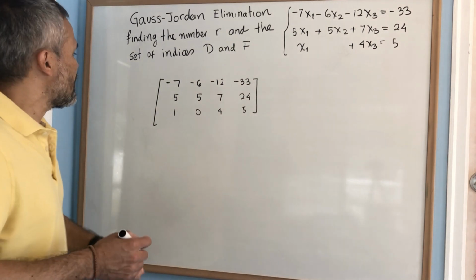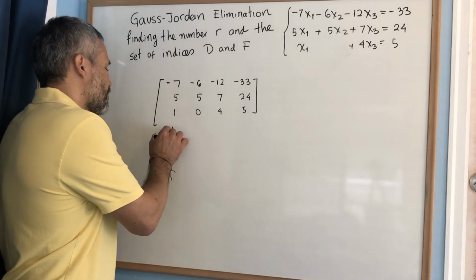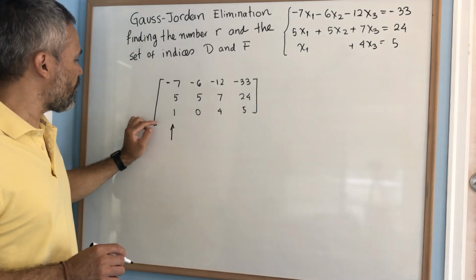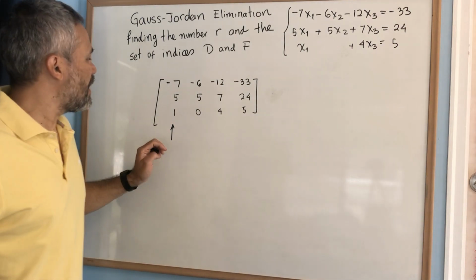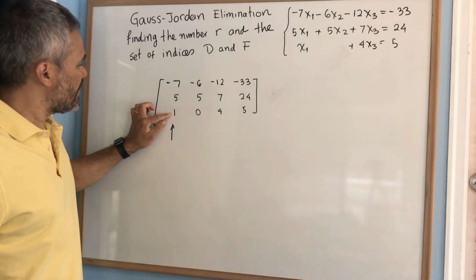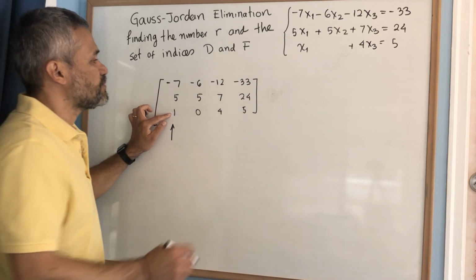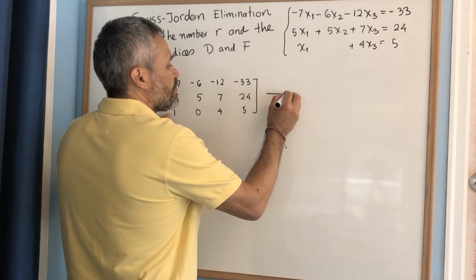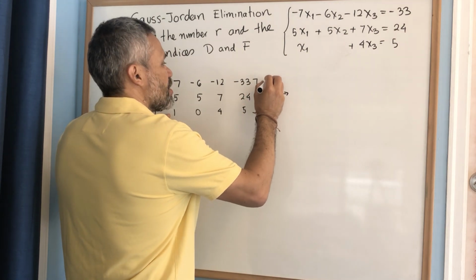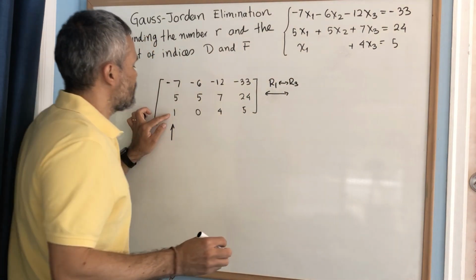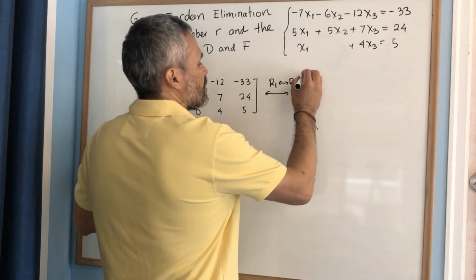The first step is you look at the first column. Then you have to look for a candidate for a pivot. And we see that this one in the third row is a good choice to be a pivot. Then in this case, the first step, we're going to change row 1 and row 3 so that this pivot is on the top.